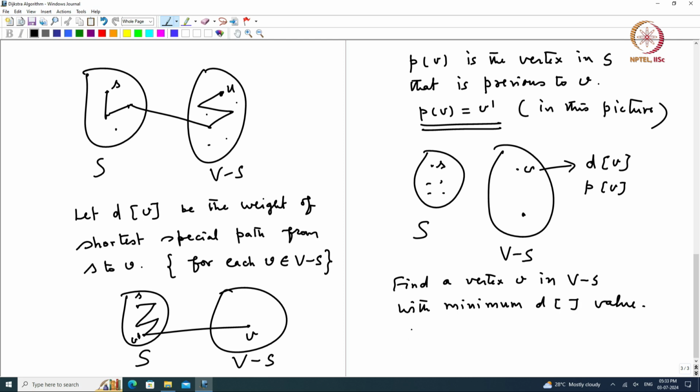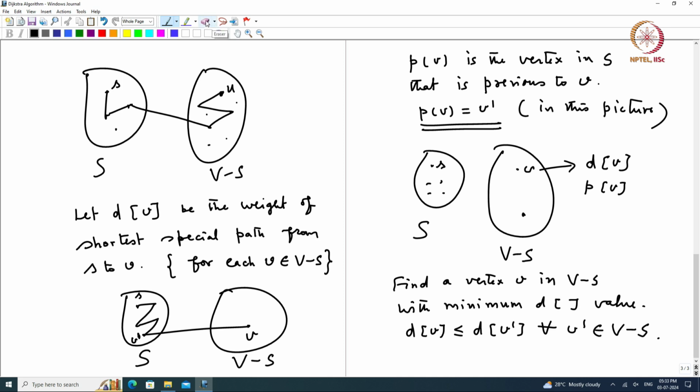That means D of V is less than or equal to D of V dash for all V dash belonging to V minus S. You can even use the notation U, because V dash is used here.